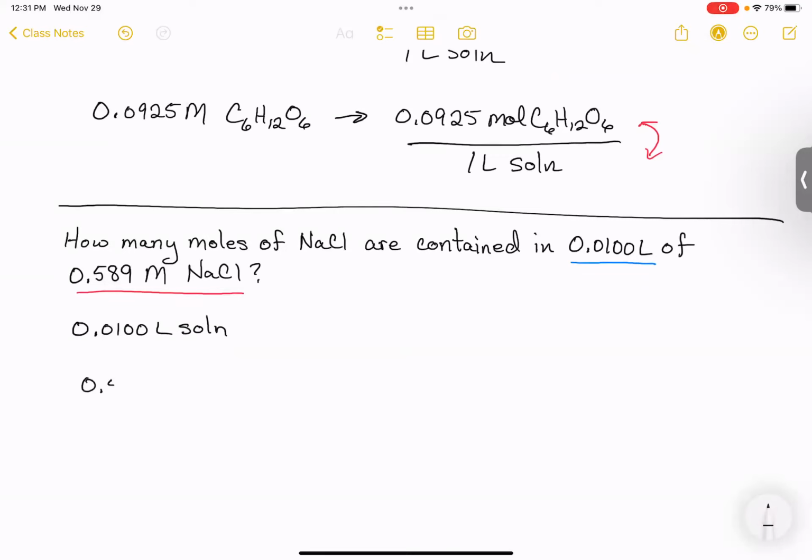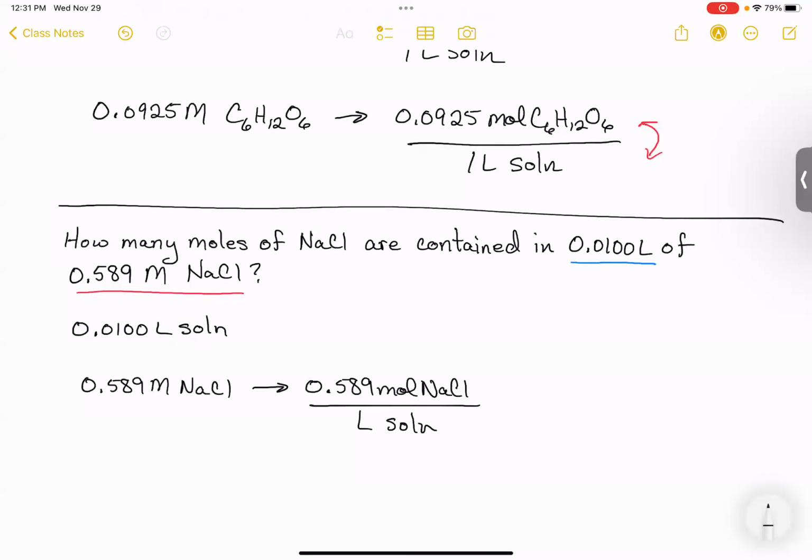So 0.589 molar in NaCl. Now again, that molarity actually means moles of NaCl divided by liters of solution.